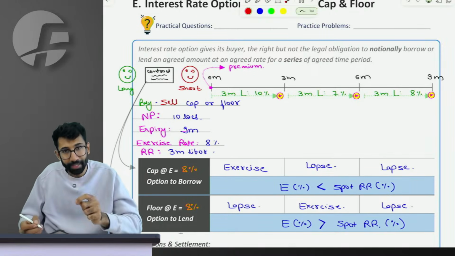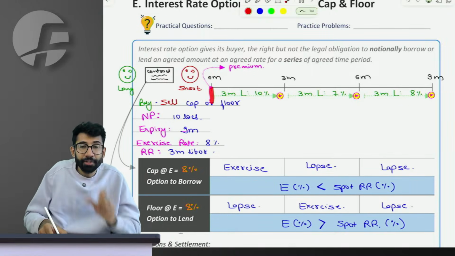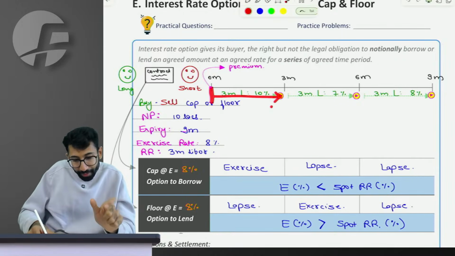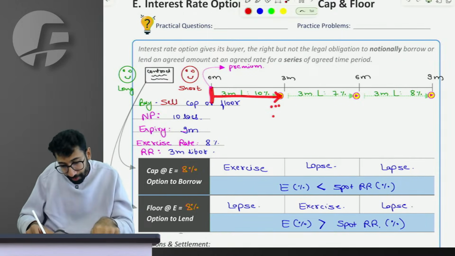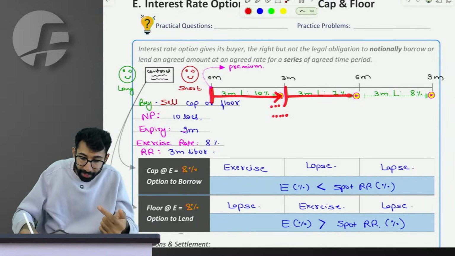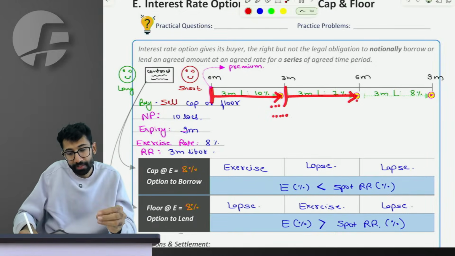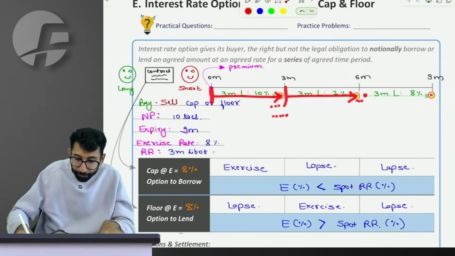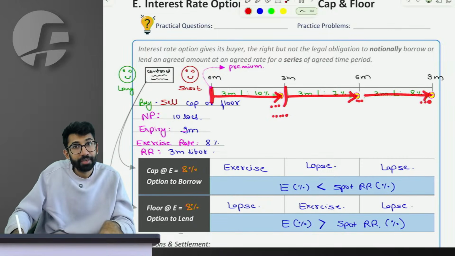Do you know what 3-month LIBOR implies? It implies that at 0 point the rate applicable for the next 3 months gets decided, which gets settled at the end of the 3rd month. Again, for the further next 3 months, the rate applicable gets decided, which gets settled at the end of the 6th month, and for the next 3 months the rate gets decided, which gets settled at the end of the 9th month.